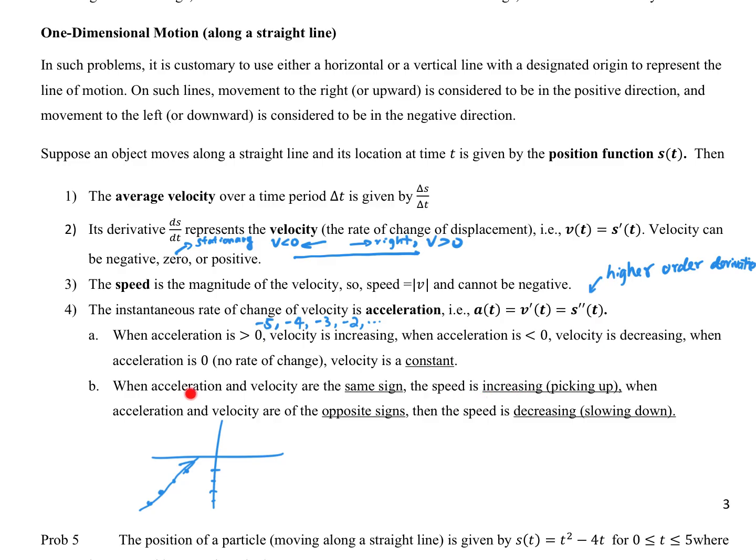This is pretty important for you to determine whether the speed is increasing or decreasing. So again, look at the sign of acceleration and velocity. When they're the same sign, same direction, then your speed is picking up. When acceleration and velocity are of opposite signs, that means they are in different directions, then the speed will be decreasing.